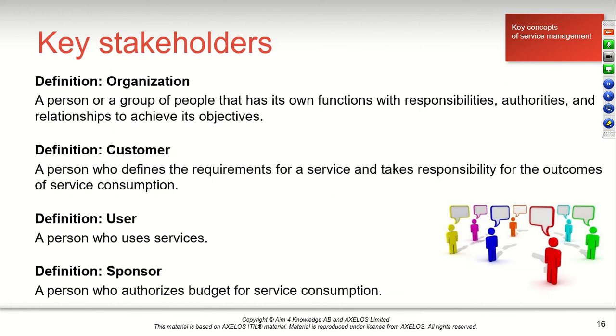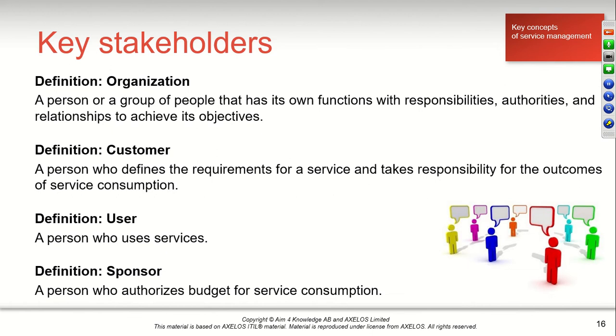So the value that a particular stakeholder will be expecting will not be the same value on the same outcome. Outcome is not defined the same way by different stakeholders. An organization is an example of a stakeholder, a customer is an example of a stakeholder, a user is an example, a sponsor is also an example of a stakeholder.